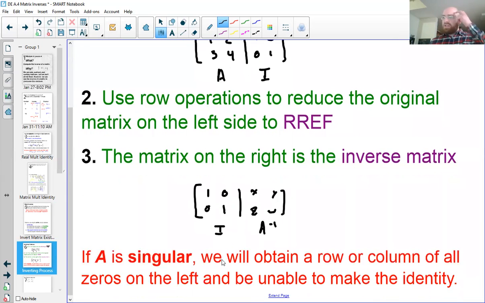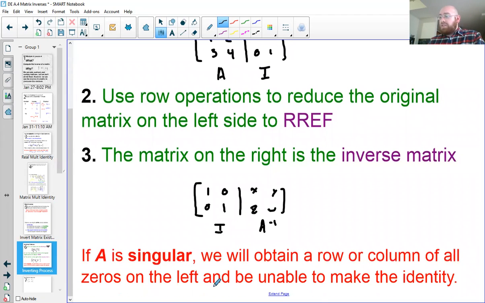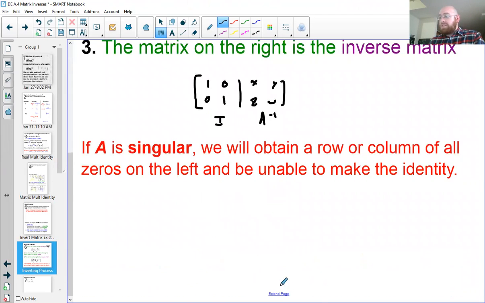So if A is singular, we will obtain a row or column of all zeros on the left and be unable to make the identity. So we might end up with something like 0, 0, 1, 0, and then something here.